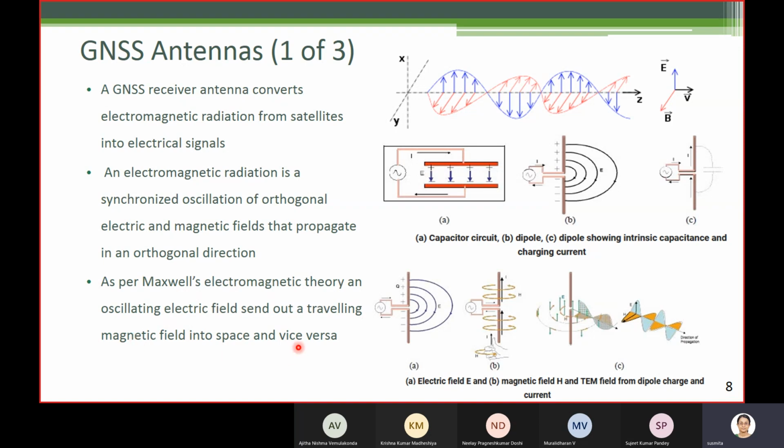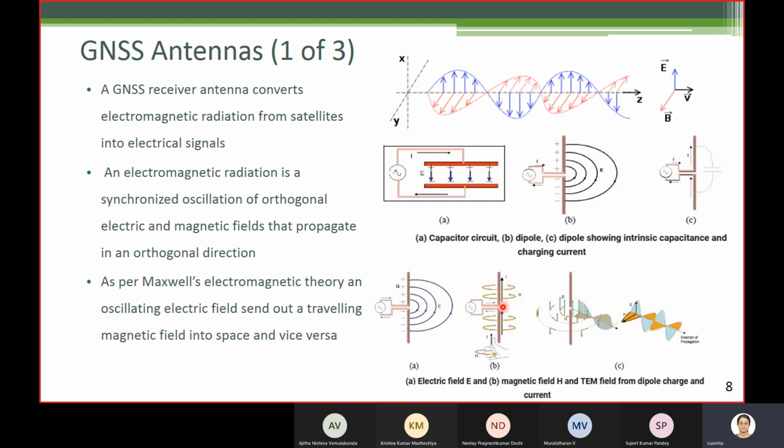Just think of a simple analogy. You throw a stone into a pond. That is a disturbance, correct? And that disturbance propagates as waves through water, correct? So you throw a stone and that disturbance propagates as waves. It creates water waves, right? In this case, the time alternating electric field and magnetic field are disturbances.